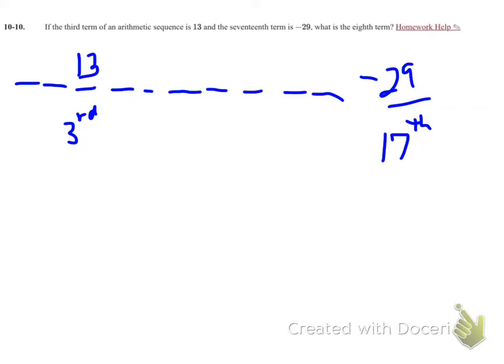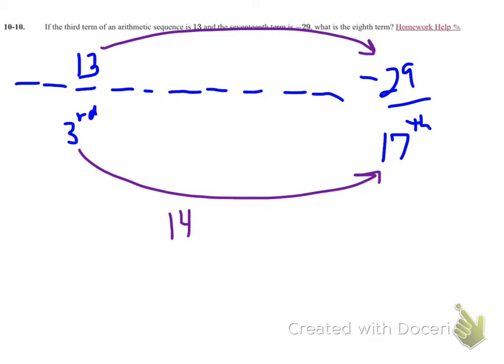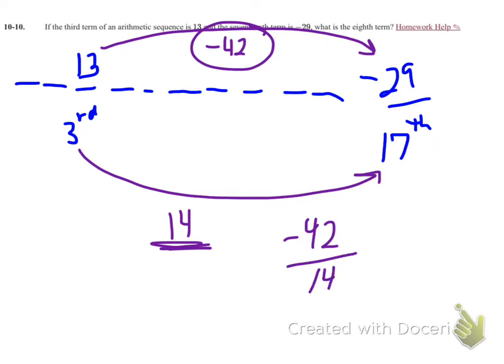So from third term to 17th term, that is going to be a change of 14 terms. From 13 to negative 29 is going down 42. So if it's changed by negative 42 in 14 different terms, I would take negative 42 divided by 14, and that's how I'm going to get my negative 3.